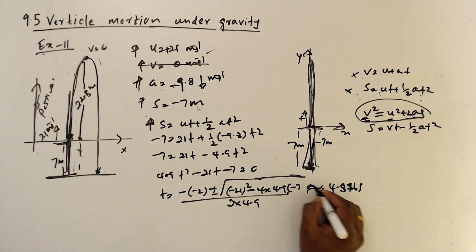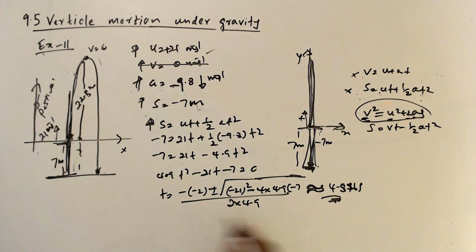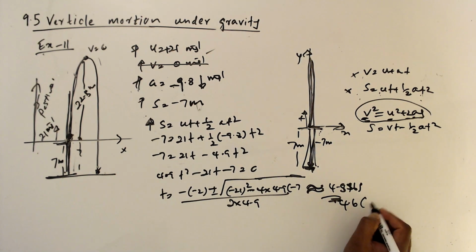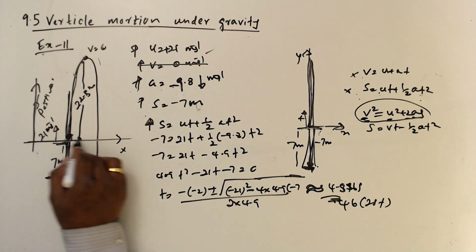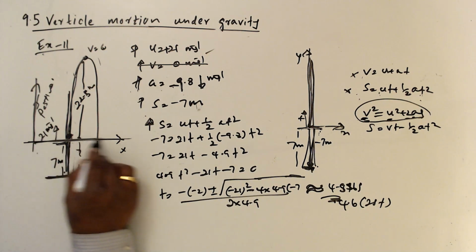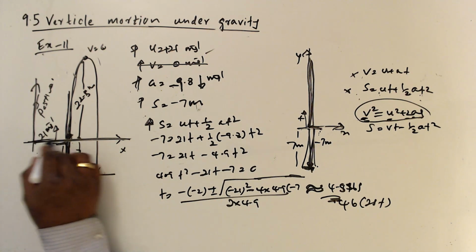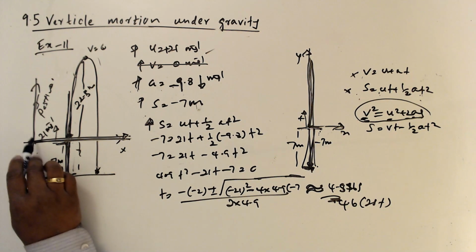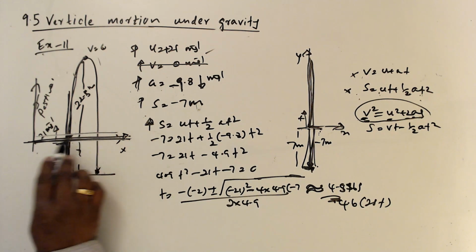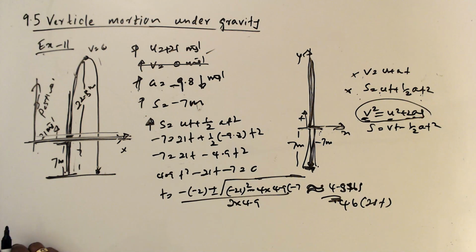I'm taking the answer from the book. It is better to always consider the place where the particle is thrown as the x-axis. The x-axis should go through the starting point of the particle. It is a recommended way of doing this.